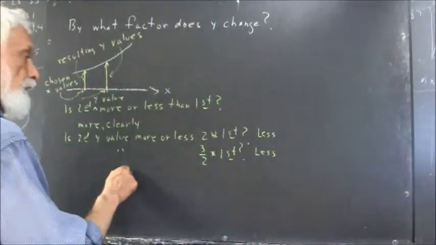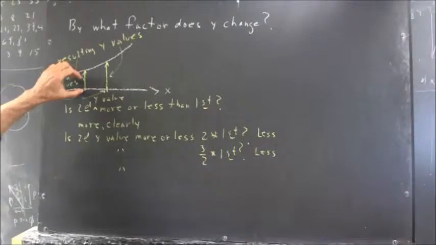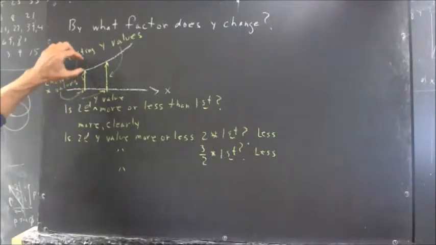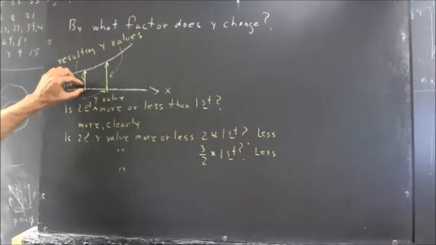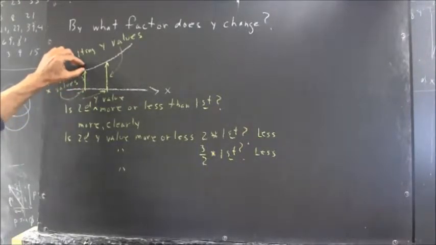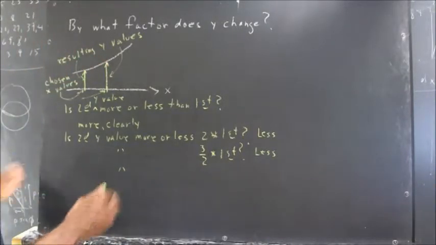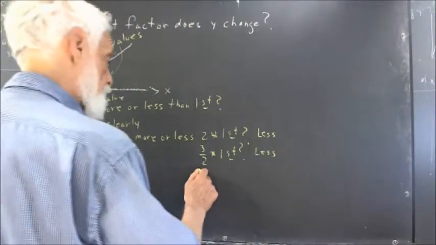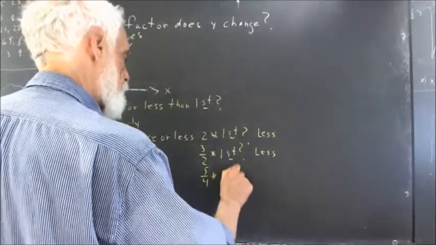Okay, now is the second y value more or less than, well, what we've done is we've cut the first one in half and used halves to build up. Now we're going to cut that half in half, so we have 1/4 of the first y value added to 1 times the first y value. Is that more or less than the second y value? So that question becomes, is the second y value more or less than 5/4 of the first?